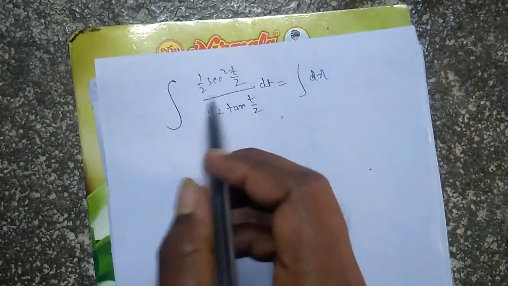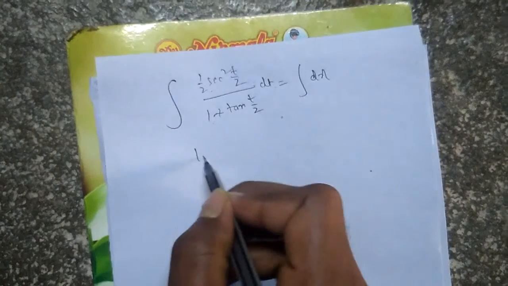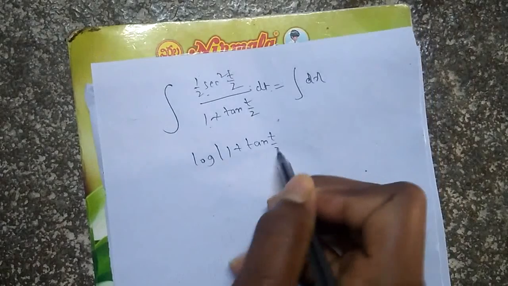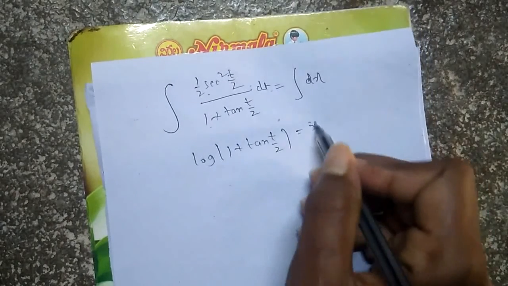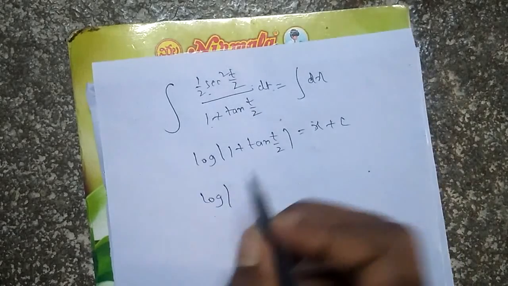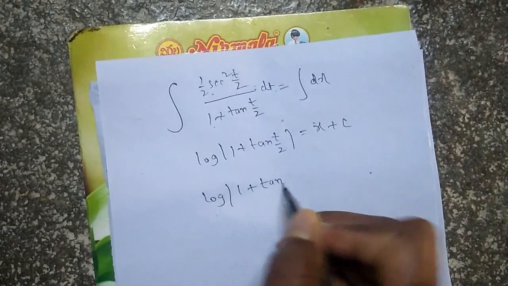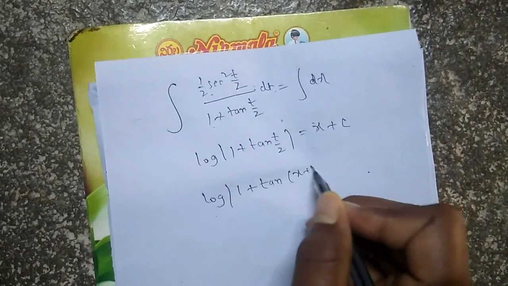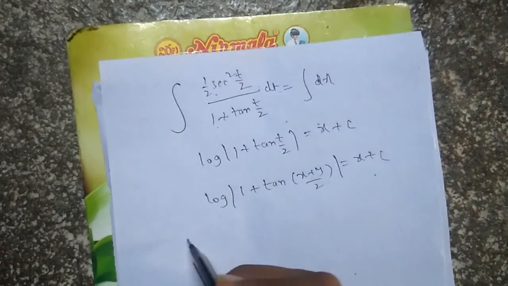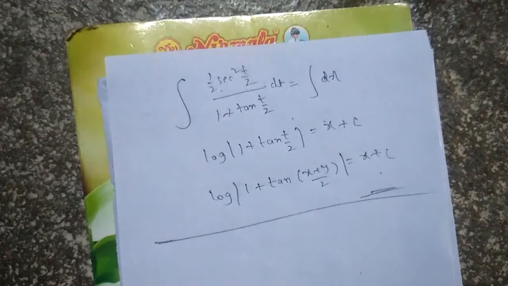The derivative of 1 plus tan t by 2 is 1 by 2 secant square t by 2. Therefore log of 1 plus tan t by 2 is equal to x plus c. Now substitute t is equal to x plus y, and log of 1 plus tan of x plus y by 2 is equal to x plus c is the solution of the given differential equation.